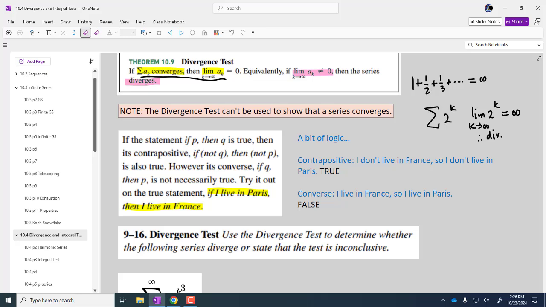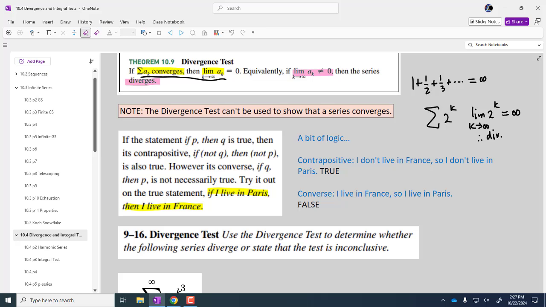So the contrapositive is an equivalent way to prove something. If you were to try to prove something, you can either use the direct method, or you could go to the contrapositive. If you find that the contrapositive is an easier statement to verify, then that will verify the original statement. So the contrapositive: I don't live in France, therefore I don't live in Paris.